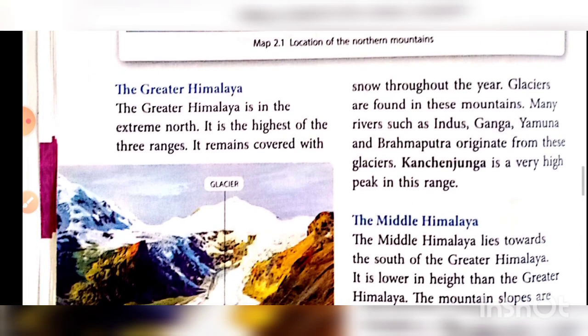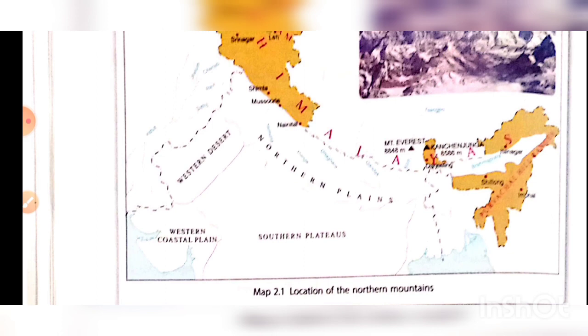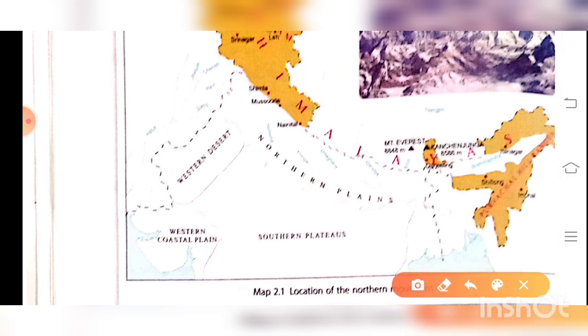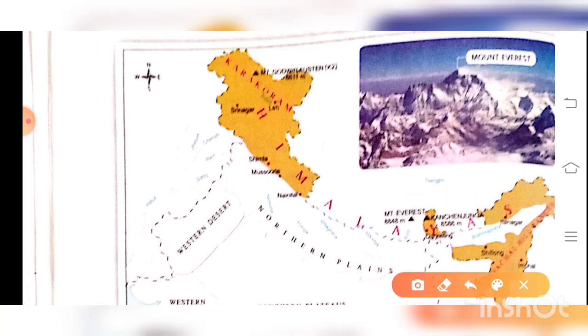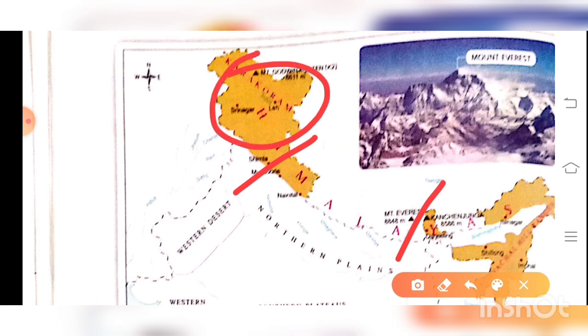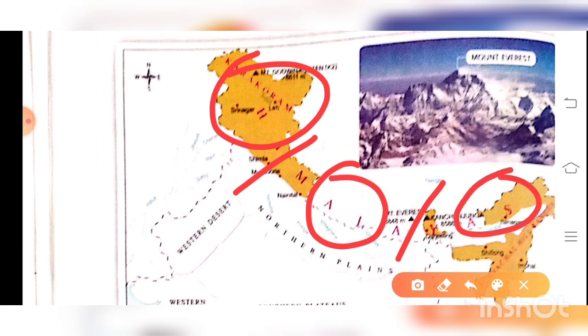So students, once again let us see the Middle Himalaya. In the beginning I told you I have divided it into three parts. So these areas we will call Greater Himalaya, and these areas we can call Middle Himalaya, and these areas we can call Outer Himalaya.